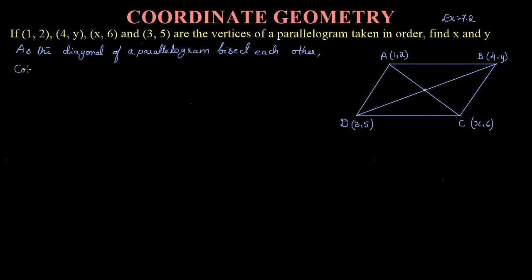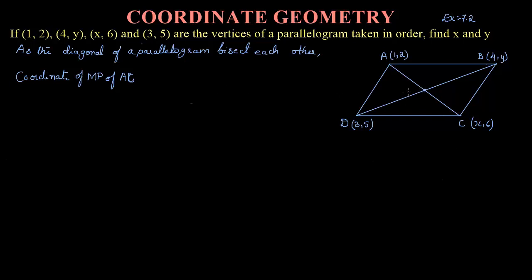So the coordinate of the midpoint, I am indicating midpoint with the letters MP, of AC. If I am talking about the line AC, what is the midpoint here? This one, right?